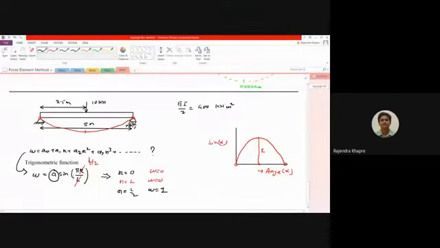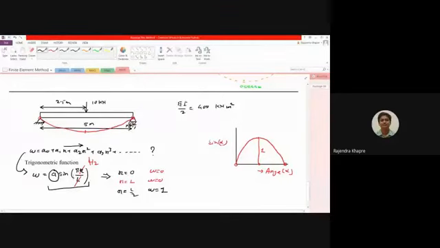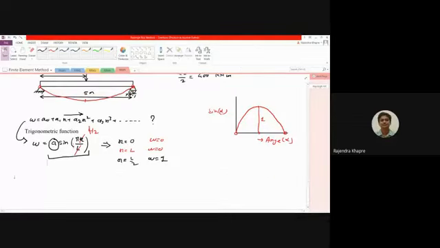So in place of assuming this big polynomial, you can simply assume a simple trigonometric function, maybe in terms of sine series, maybe in terms of cos series, and then you can go for the solution. Now let us try to find out the solution of the same problem using the trigonometric function.